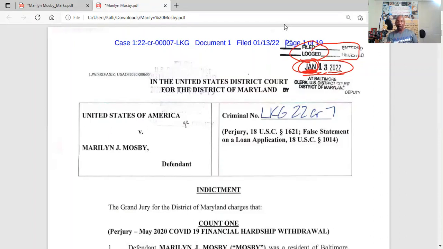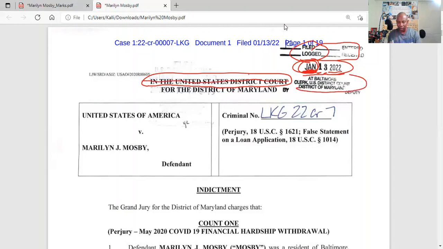Each acronym means or stands for a word. As we can see here, these are also abbreviations, or properly put, initialisms, but they're still acronyms, and each acronym or initialism means or represents a word. We don't know what these words mean or represent, so we have to void this. This is void for vagueness.